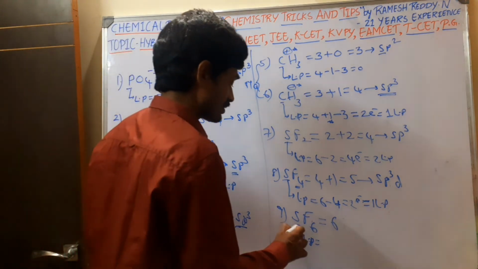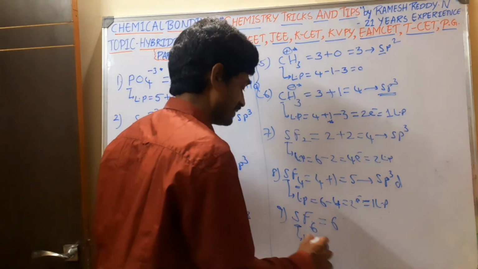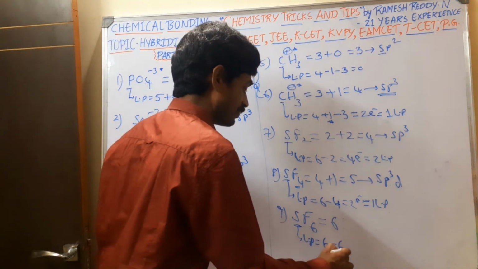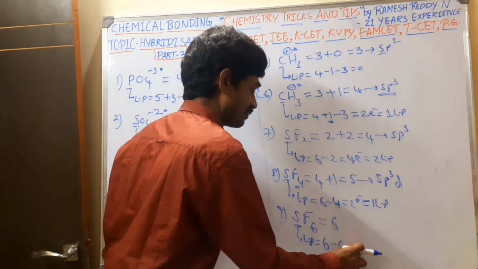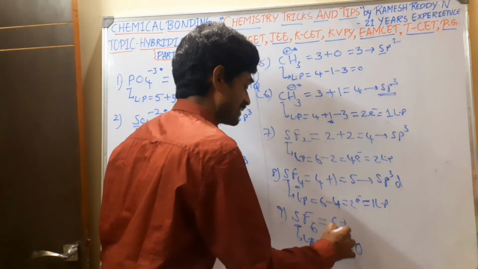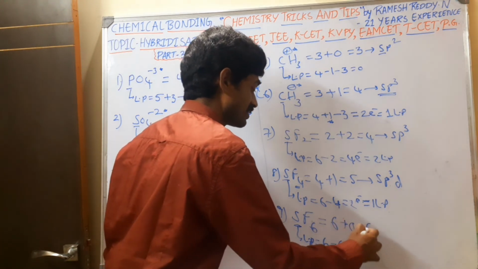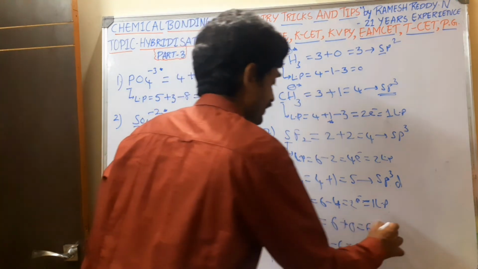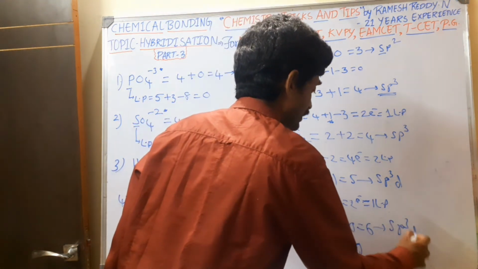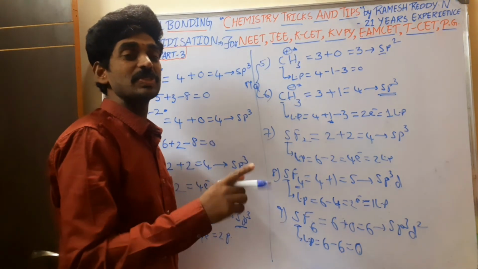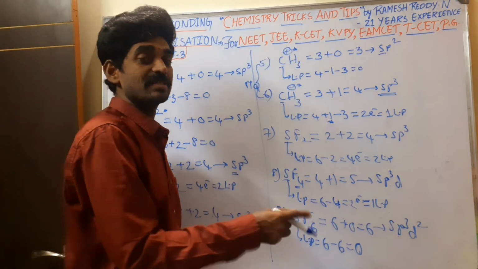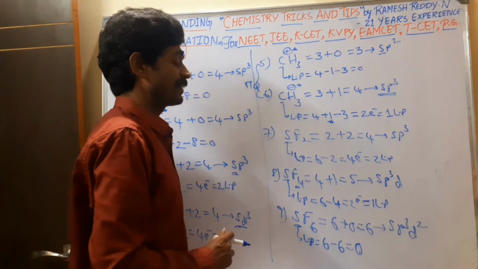Number of valence electrons of central atom sulfur is 6, minus bonded atoms, 6 fluorines. So 6 minus 6, 0. So 0 lone pairs. So 6 plus 0, you will get 6. Then the sulfur undergoes sp3d2 hybridization: 1 s orbital, 3 p orbitals and 2 d orbitals, totally 6 hybrid orbitals.